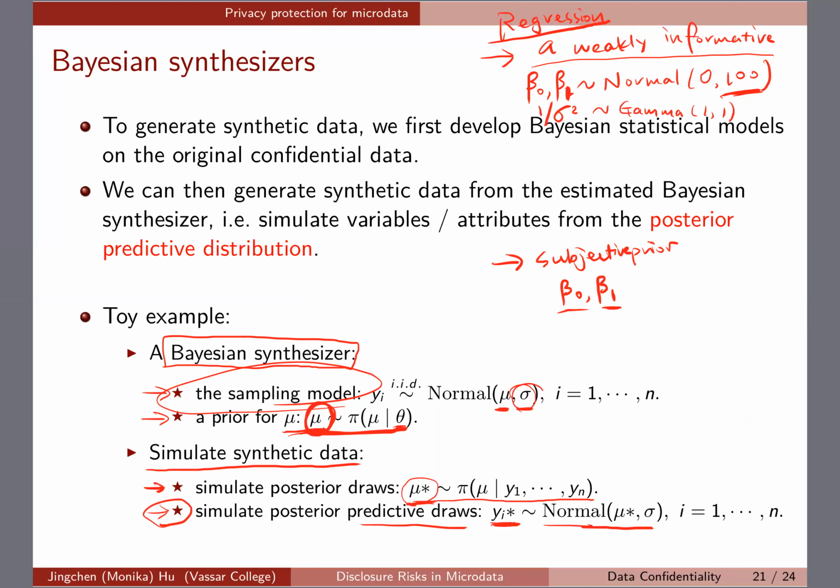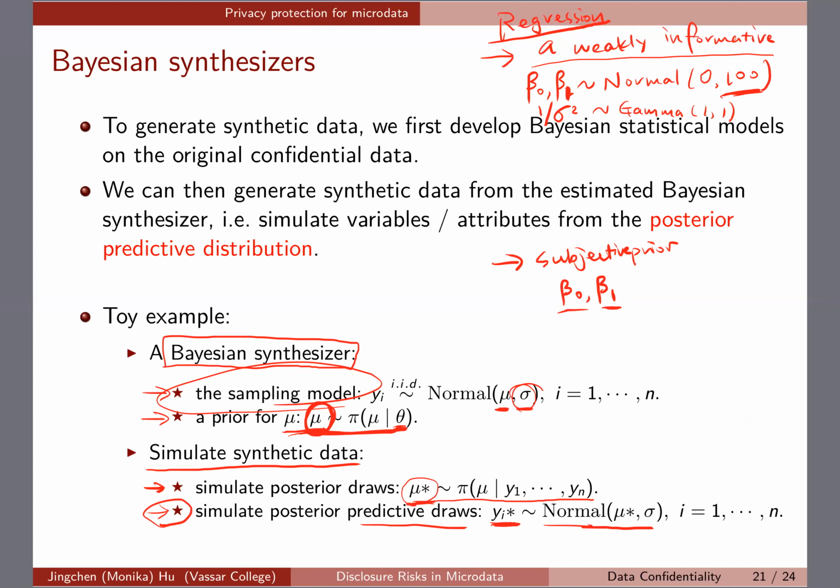I hope that answers your question to some extent. But at the end of the day, prior choice is an important topic in Bayesian inference in general. For now, for synthetic data generation, we want the estimates to be very close to what the data is telling you. So let's just keep weakly informative prior.